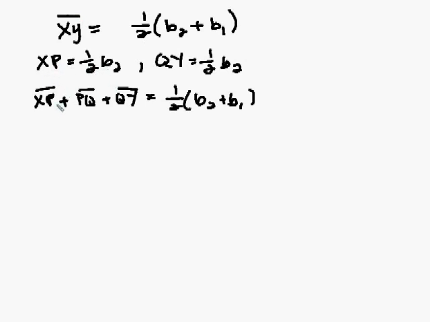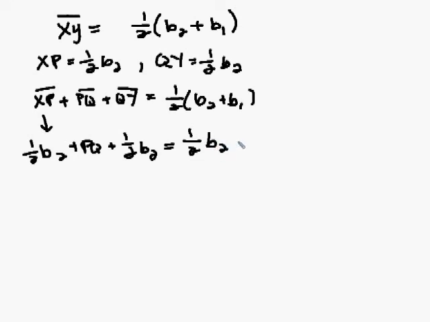I also know that XP is equal to 1/2 B2, so I'm going to substitute 1/2 B2 for XP and 1/2 B2 for QY, and then I'm going to solve for PQ. And I'm going to distribute the half here. I have 1/2 B2 plus 1/2 B1. I have 1/2 of B2 plus 1/2 of B2. That's 1 B2. So I'm going to subtract 1 B2 from both sides.